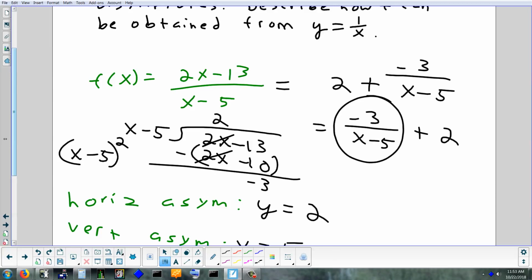Which way is it going to shift and how many units? Right. No, the +2, that's a vertical shift. This would be down 3 or down 5.